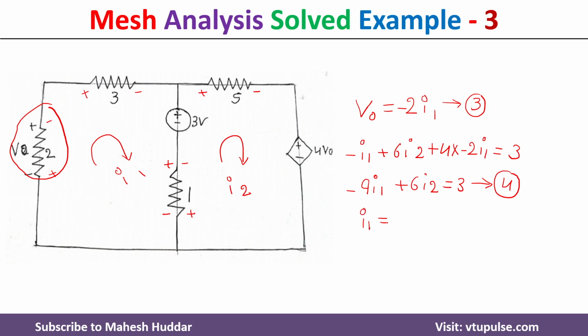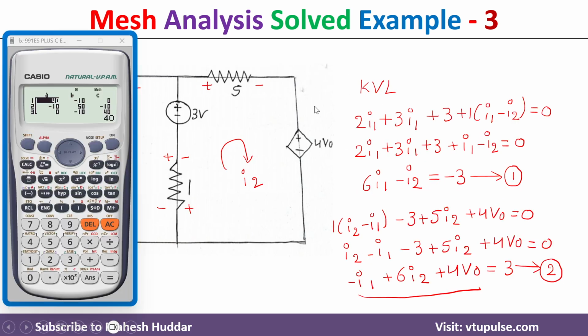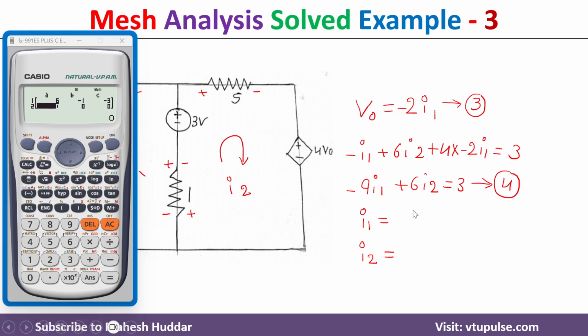By using a scientific calculator, we can find the current values. From the first equation, we have 2 unknowns, so we will select 2. For the first row, that is 6, minus 1, minus 3, and for the second row we need to select equation number 4, that is minus 9, 6, 3.